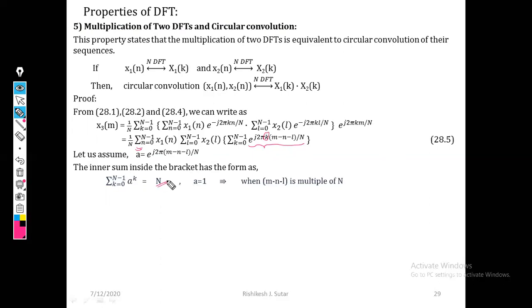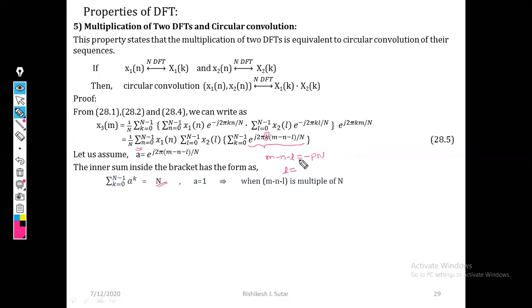And this A is going to be equal to 1 when my m minus n minus l is a multiple of capital N. So I can write here, m minus n minus l is a multiple of N, so I can write it plus Pn or minus Pn, it doesn't matter, P is an integer.